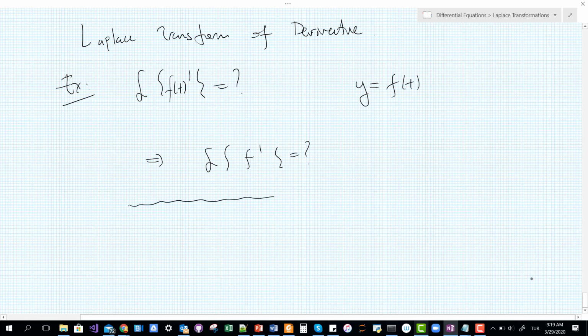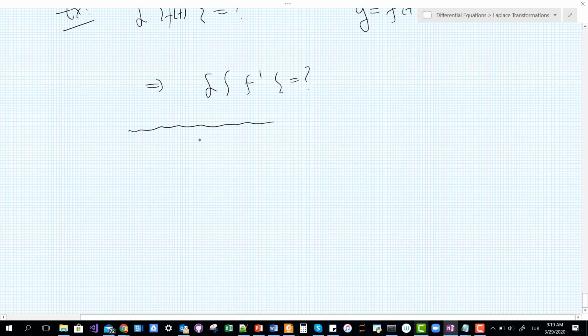So far we have learned a lot of features, but still I don't have any features, right, I can use to solve the f prime. The only thing, right, I can use, please try to guess it, just the definition, guys. 0 to the infinite, e to the negative st, f prime dt. I need to take care of this integral.